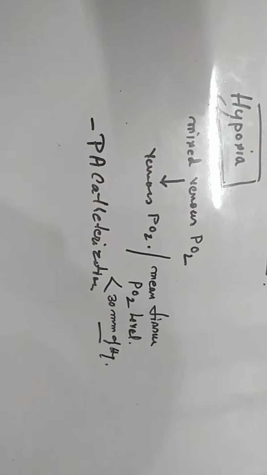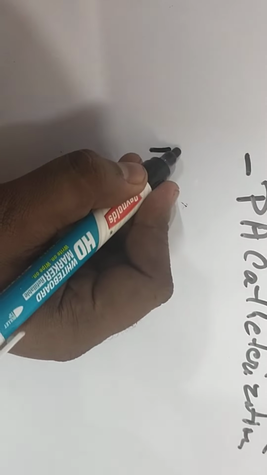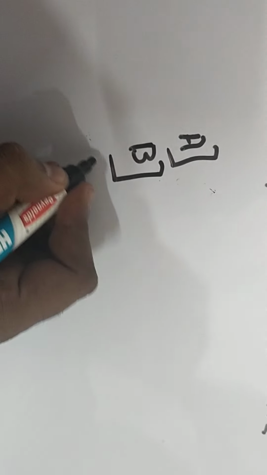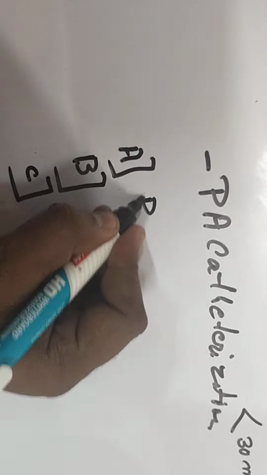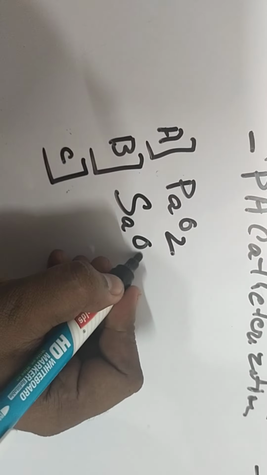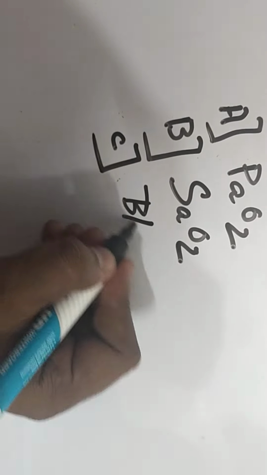It would not be available in all ICUs, but you should look for basically three things. The first is PaO2, second SaO2, and third blood lactate.